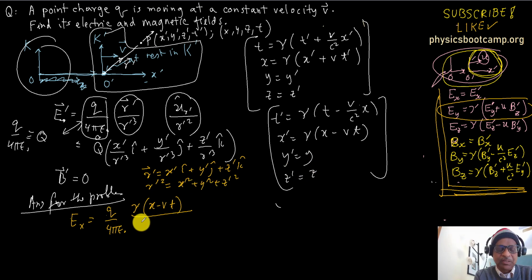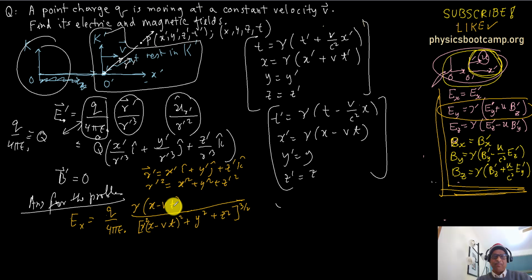So this will be in the denominator: you will have gamma times x minus vt, squared, plus y square plus z square, to the 3/2. So Ex will just be like that, from here, writing in terms of x, y, and z.